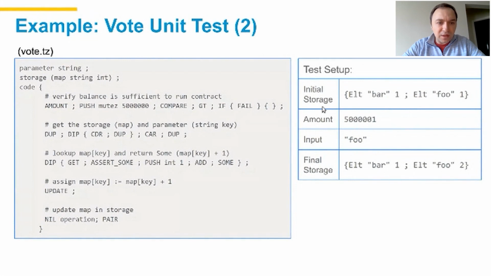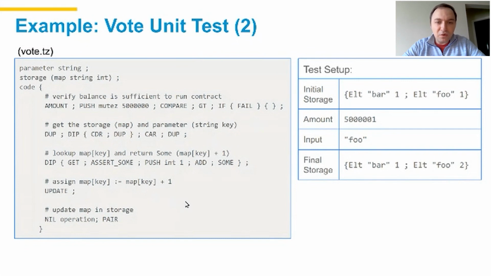So basically here we have this vote.tz contract. It's pretty straightforward. You check if you have enough money to run this contract, and then you look up some key in a map, which has an integer value, and you increment it by 1, and then you store that map back in your storage.